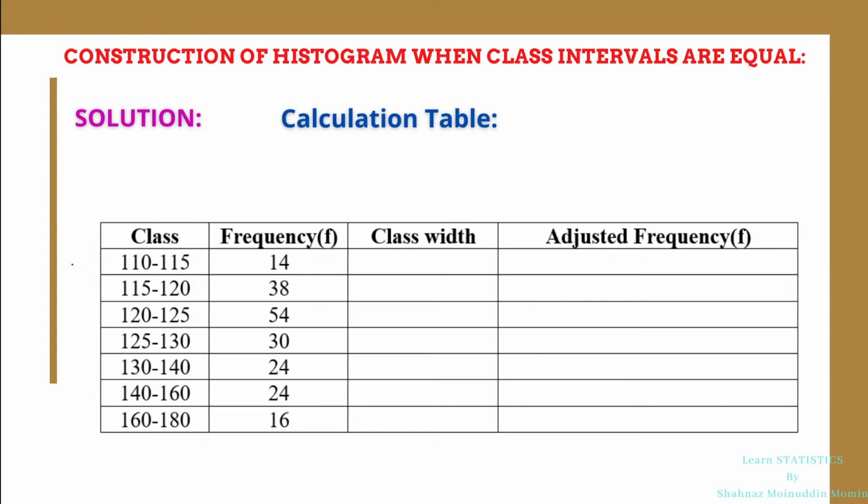We know that the first four classes have width 5, and the next fifth class 130 to 140 has width 10, the next one has width 20, and the last also has width 20. We know that the minimum width is 5.